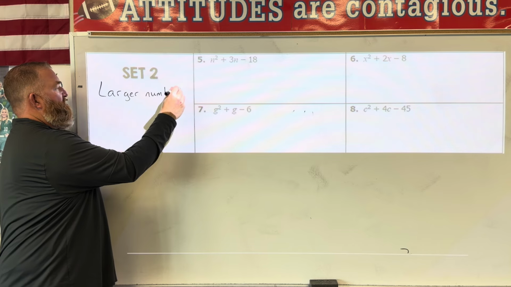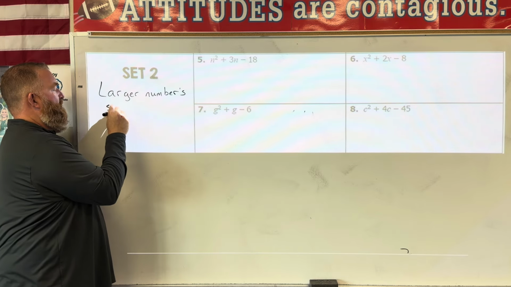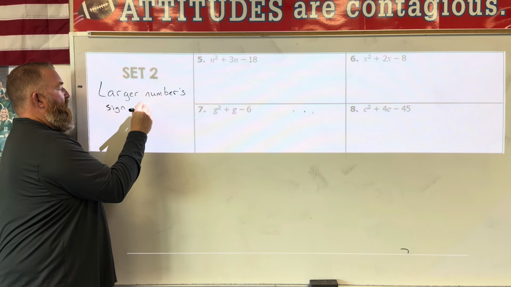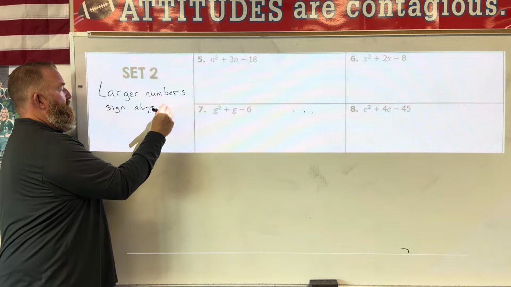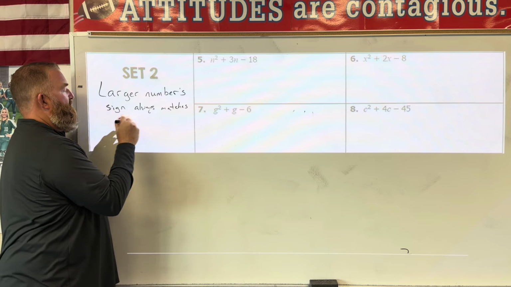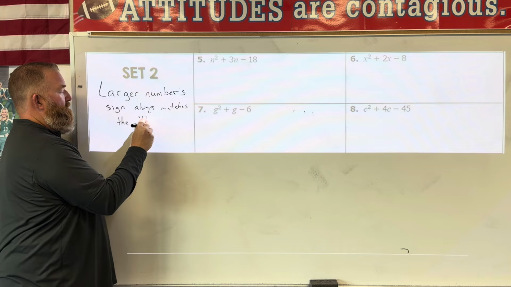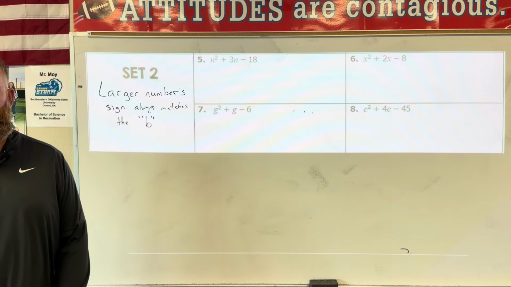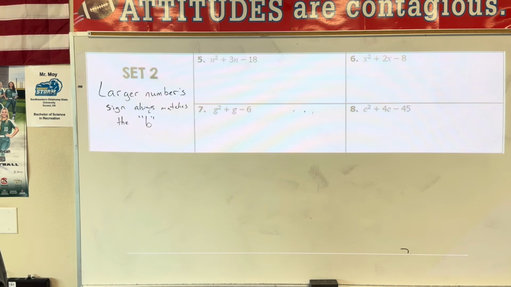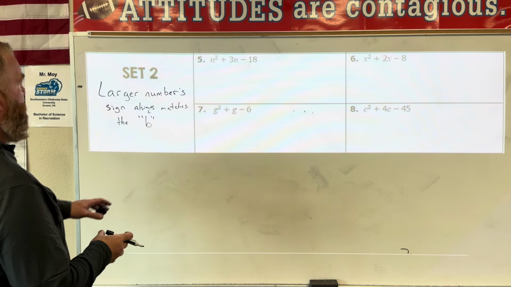The larger number's sign always matches the B. Whatever the larger number is, if the sign in the middle is a negative, the larger number has to be a negative. Is everybody sticking with me on this?